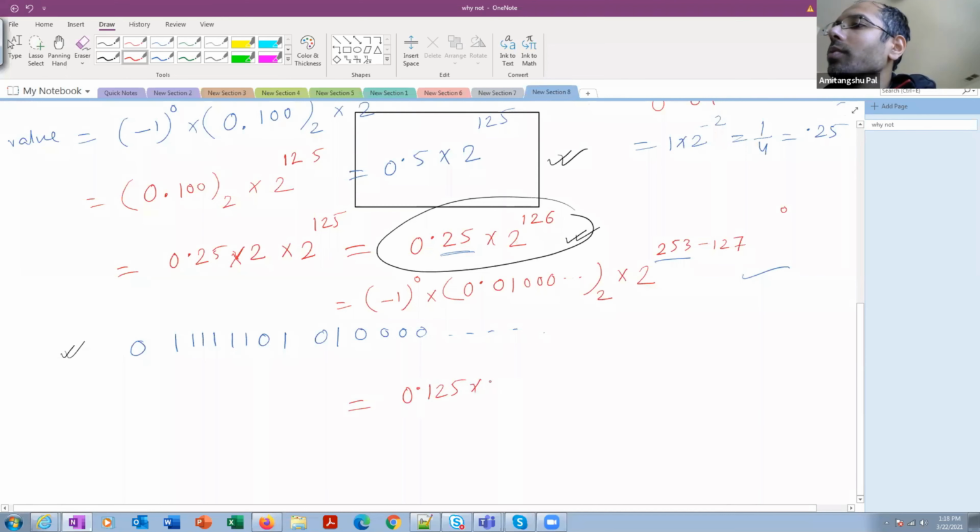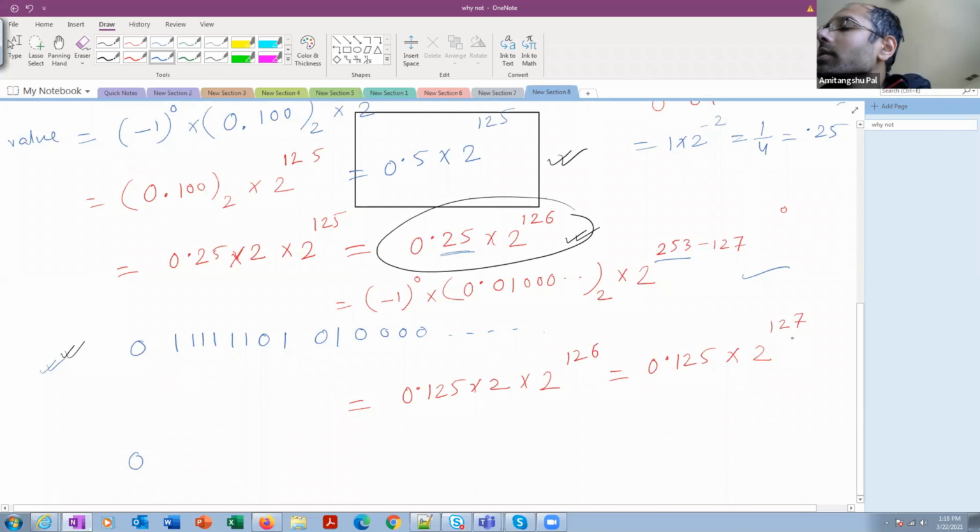0.25 is 0.125 into 2, so it is 0.125 into 2 into 2 to the power 126. So basically I can write this as 0.125 into 2 to the power 127. And this I can represent in a different way. If I convert it to its corresponding binary representation, I will get a different binary number. So here the sign bit is 0.